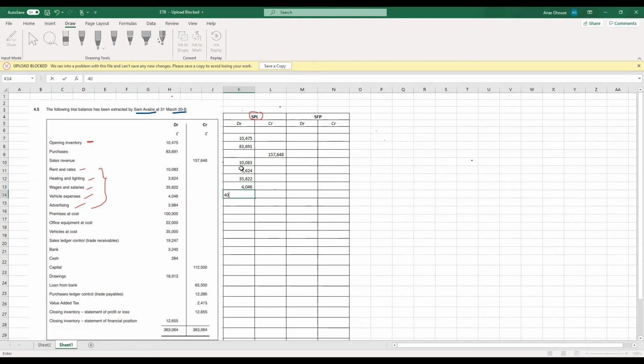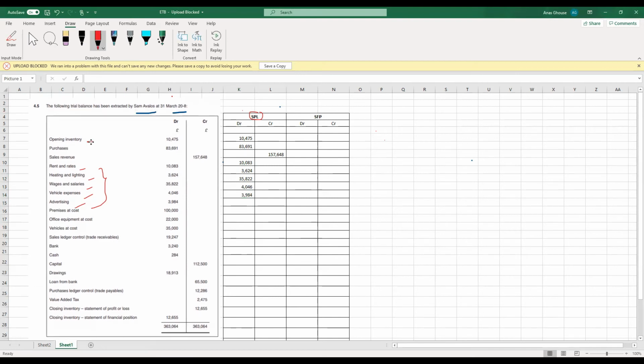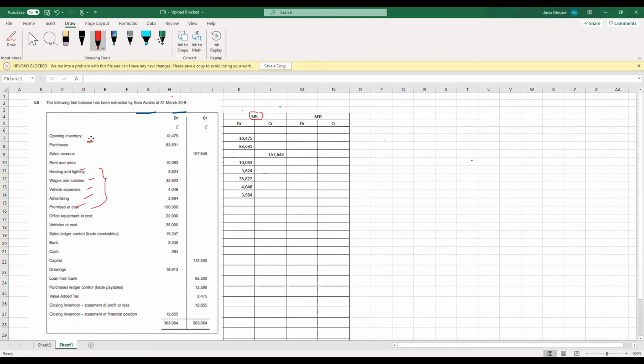Then you have 4,046. Sorry, 3,984. Okay, they should be aligned. Try to align this.